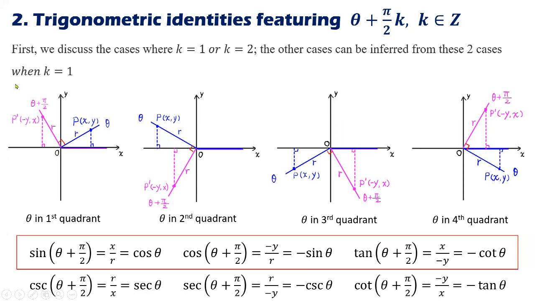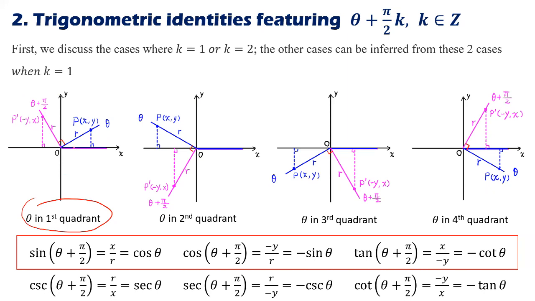Okay, so first let's have a look at when k is 1. When k is 1, first let's consider if theta is not on the x-axis or y-axis. For example, theta could be in the first quadrant, second or third, or the fourth quadrant, right? First of all, let's have a look at if theta is in the first quadrant. Let's focus on this case first.